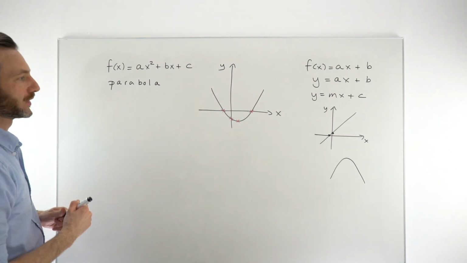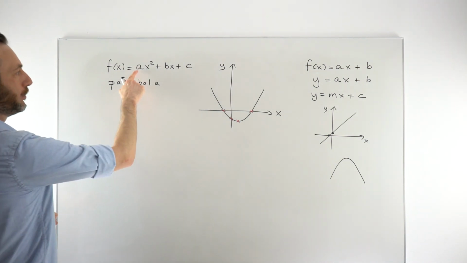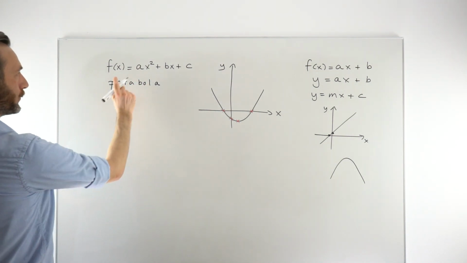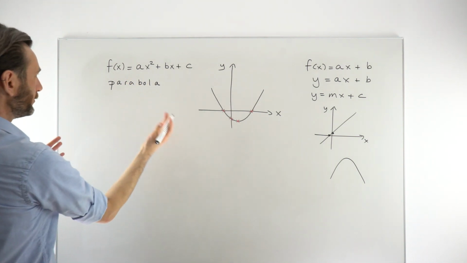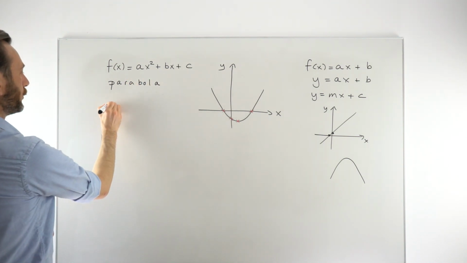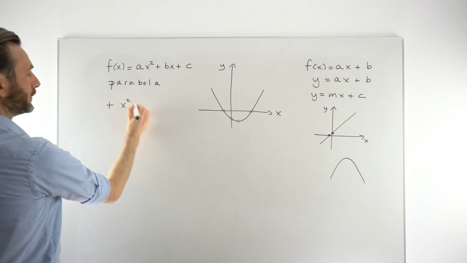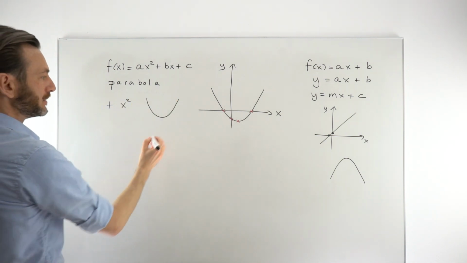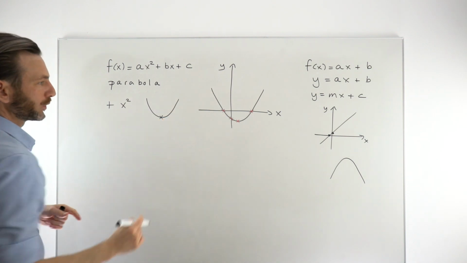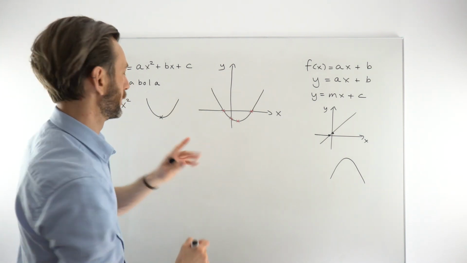One of the first things to know is that if you've got a positive x squared term, for example just x squared or 2x squared or 3x squared, so some positive number of x squared, you get a U-shaped graph going that way, and we call this a minimum turning point, because the turning point where the graph changes direction is at the bottom.